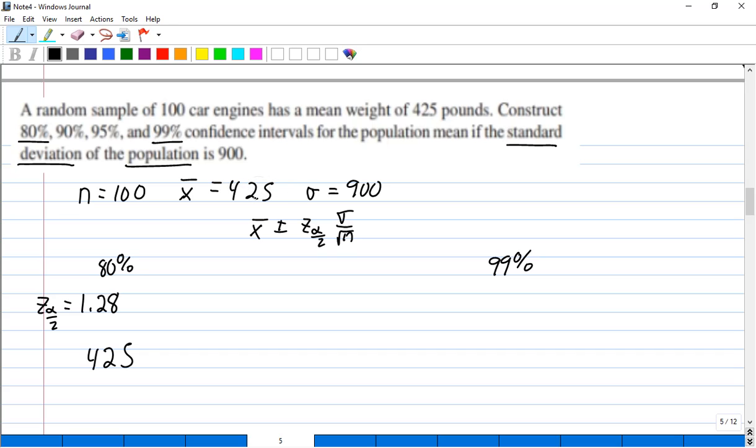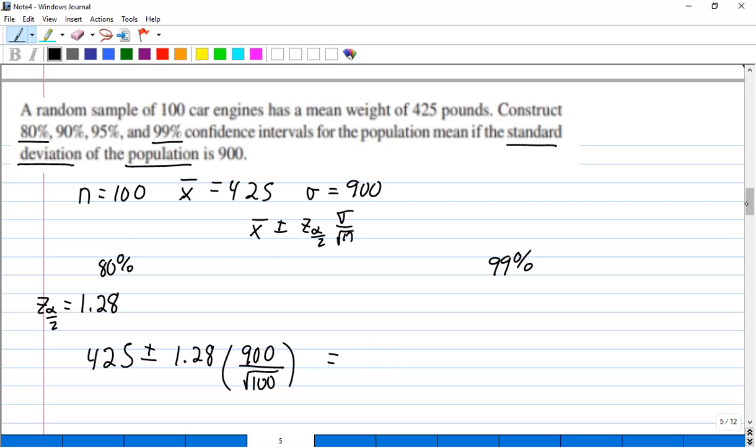So it's 425 plus or minus the critical value, 1.28, times the standard deviation, 900, divided by the square root of the sample size. So square root of 100, which we all know is 10.